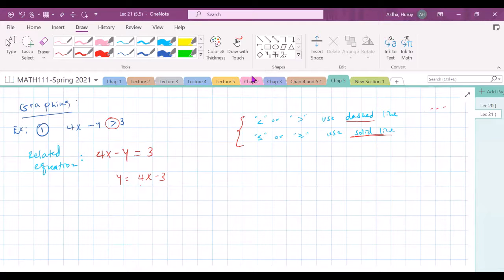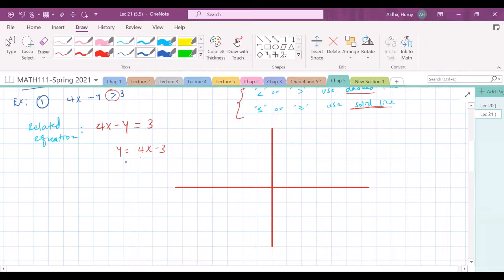Okay, so let's plot this. For this one, the y-intercept is -3, which is right here, and the x-intercept will be 3/4. 3/4 is smaller than 1, so it should be somewhere in here.